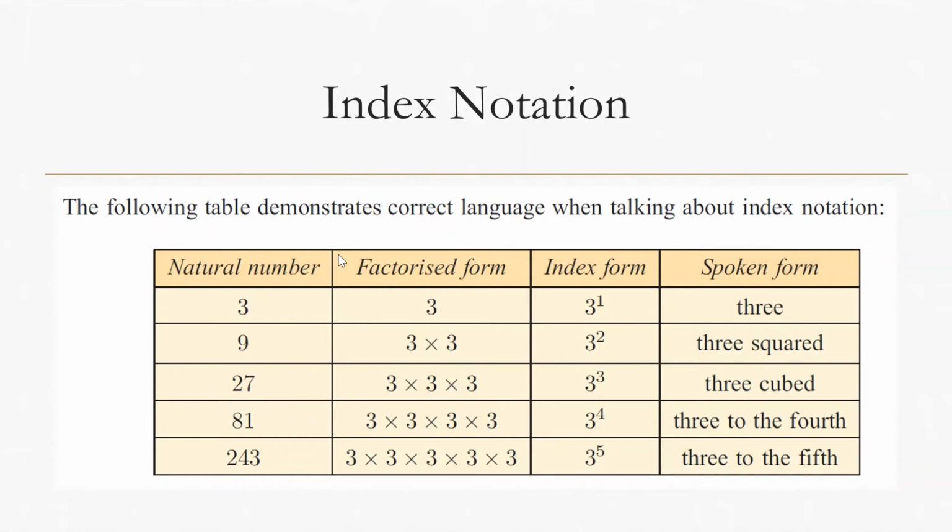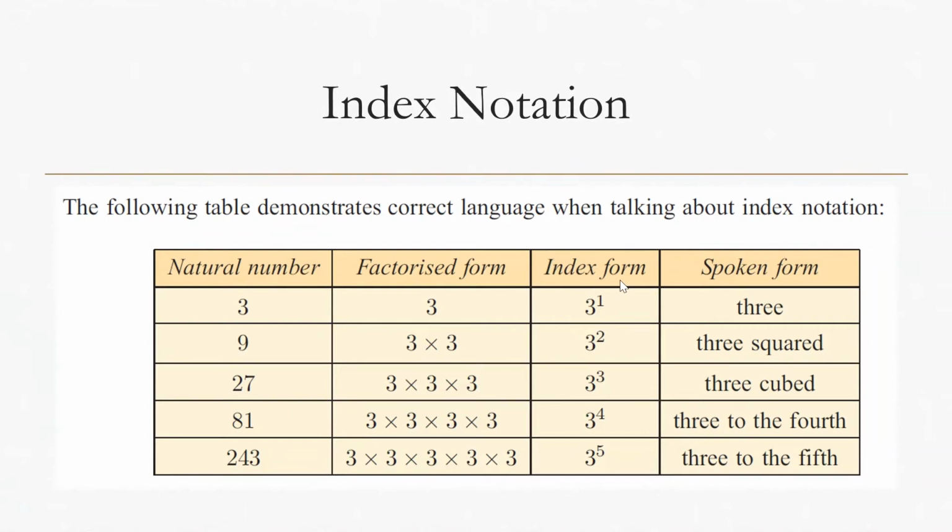Then when we have factorized form, we express it as repeated multiplication. For 3, it will be the same thing, because there's only one factor. For 9, it will be 3 times 3. For 27, it will be 3 times 3 times 3. So we're seeing the repeated multiplication.